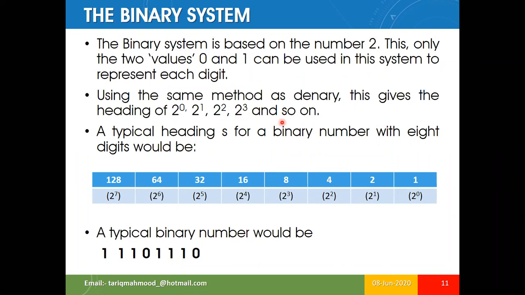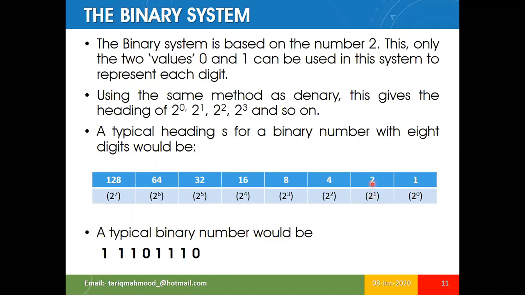In the previous slide we started with 10 raised to power 0. You have to remember that any number raised to the power 0 is always equal to 1. That is a general rule.